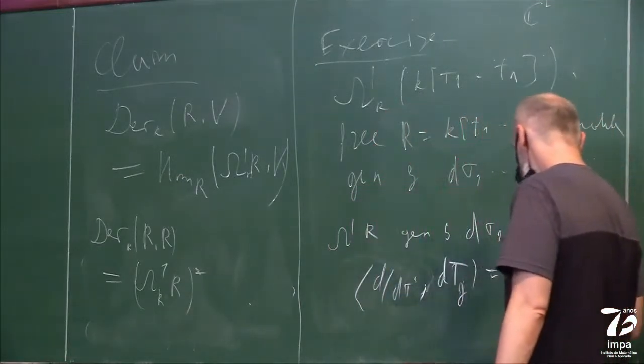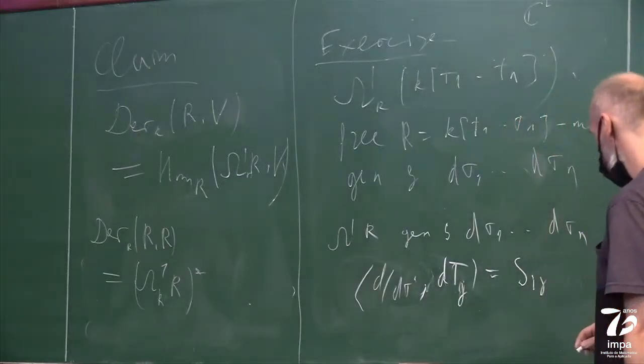So this pairing is equal to 1 if i equals j, and 0 if they are not equal.